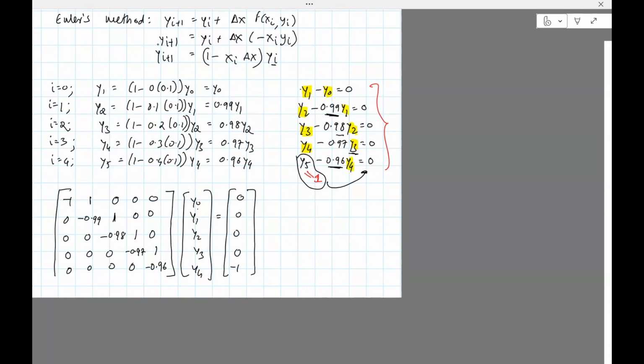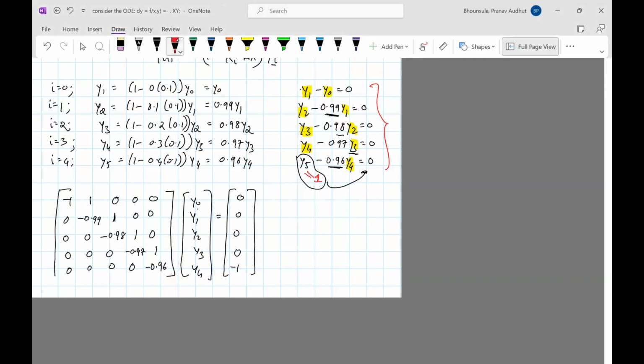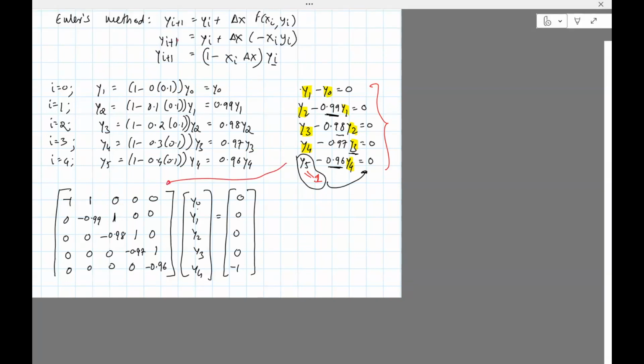Now all I need to do is A\B in Octave or MATLAB, and that will give me all the unknowns.